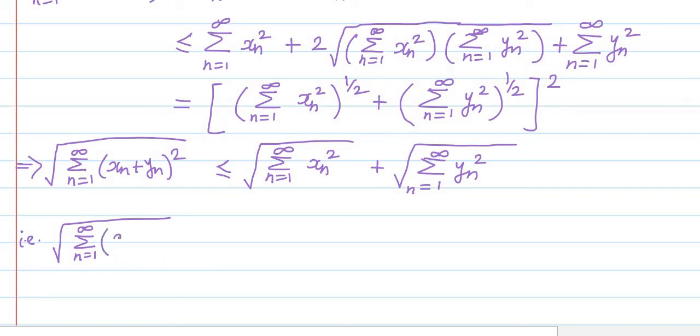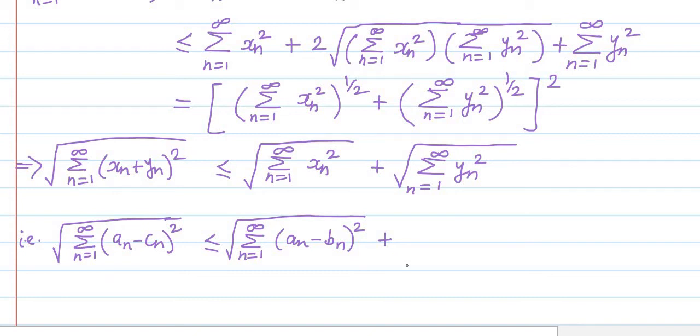So this becomes (an minus cn) square, and this is less than or equal to the square root of the summation over n equal to 1 to infinity of Xn square, meaning (an minus bn) square, plus the square root of the summation over n equal to 1 to infinity of Yn square, meaning (bn minus cn) square.